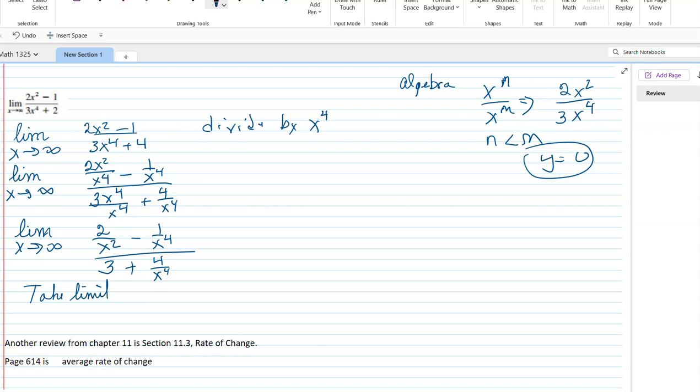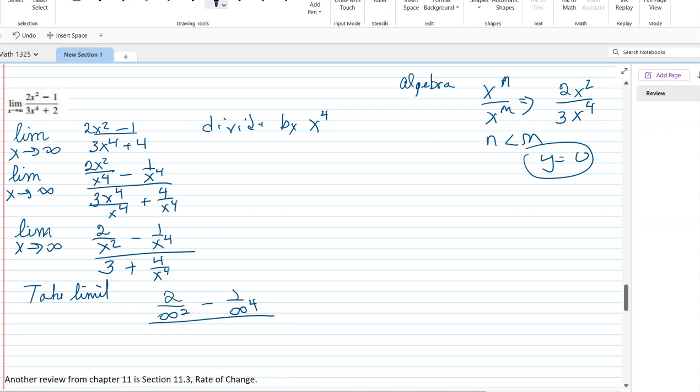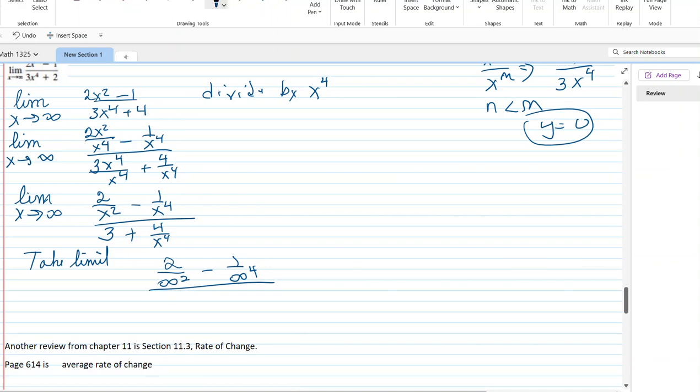So that means I'm going to have 2 over infinity squared minus 1 over infinity to the 4th, over, and now I'll have a 3 plus 4 over infinity to the 4th.